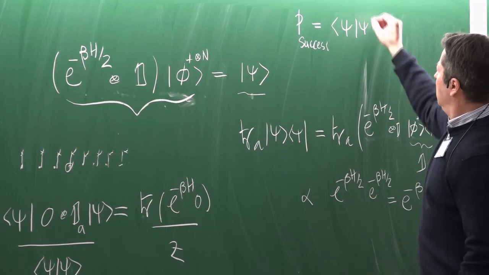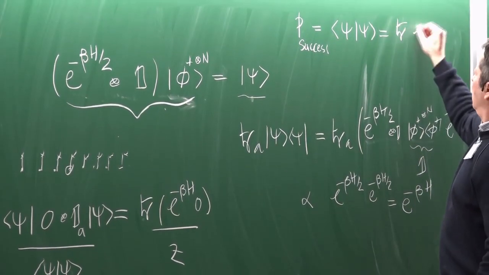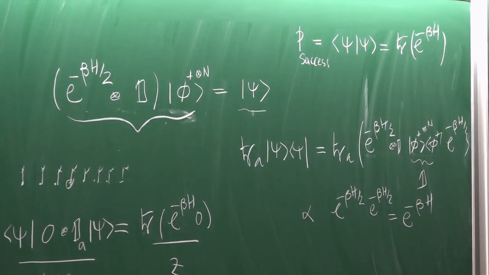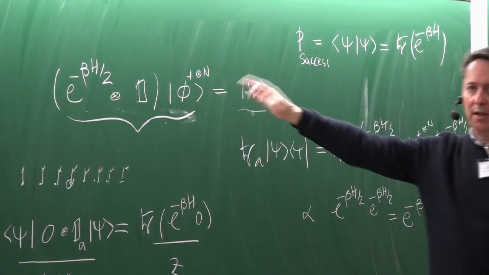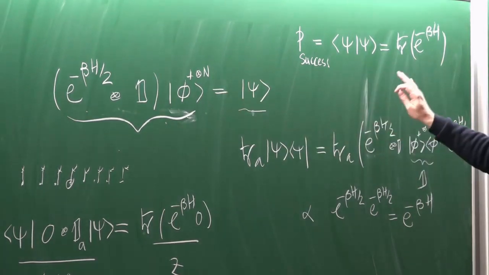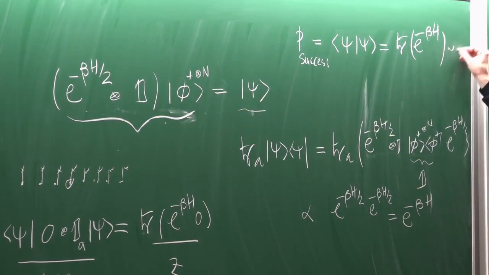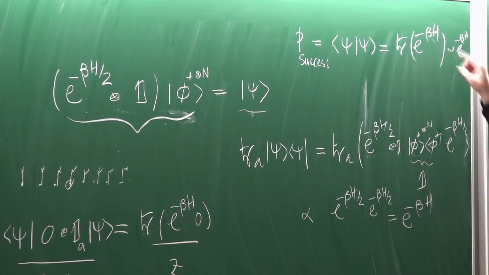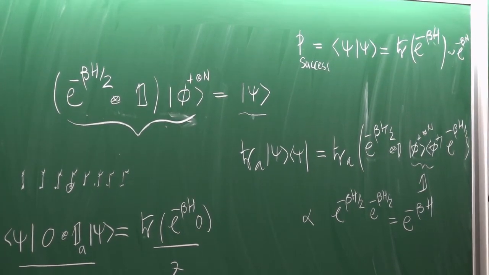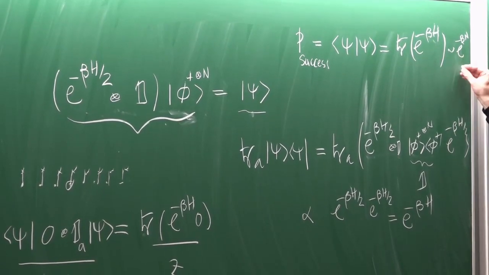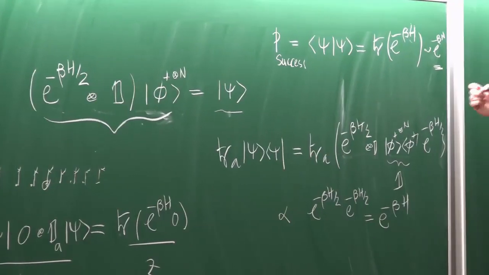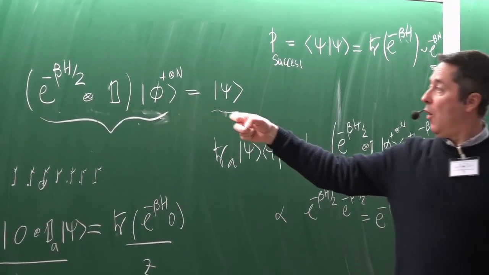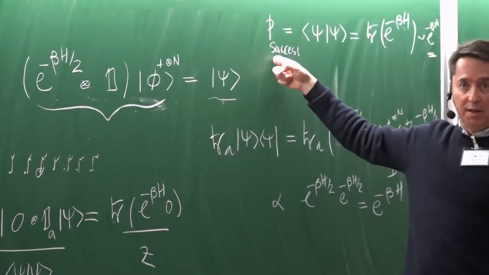Would be this, but this is equal to the trace of e to the minus beta h. And, well, you have to put the right numbers here and so on, so I'm doing this very qualitatively, but this goes like e to the minus beta n, because h has n terms, and therefore you see that all these methods in which you prepare this state probabilistically, all of them scale exponentially.